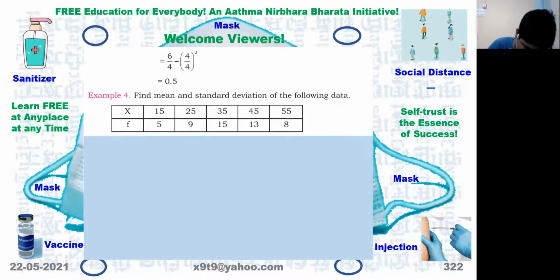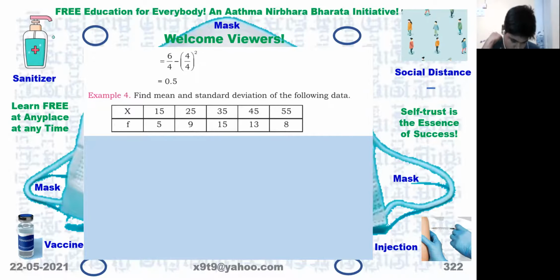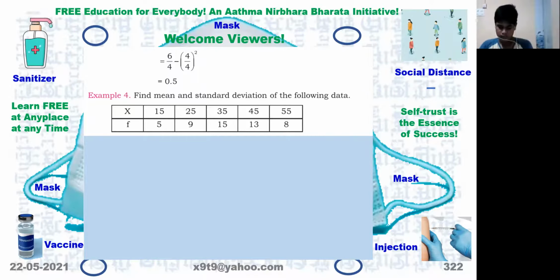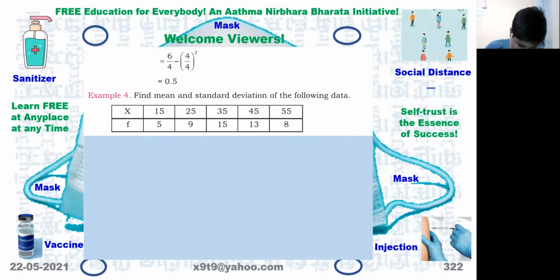Then after all the values, you have to add at the bottom. Find what is sigma f, sigma fx, sigma fx square. Yes sir, got it. 1,125, sir.